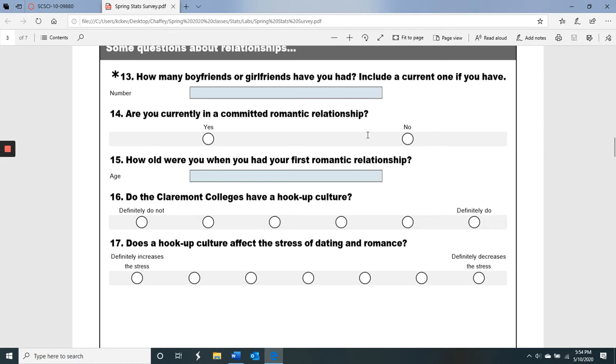So you can have two groups. You could have people that are in a romantic relationship and those that are not. So for our statistical purposes, we could call this nominal, and that we have two independent groups because you're either here, yes, you are in a committed relationship, or you aren't. So again, this is for our statistical purposes.